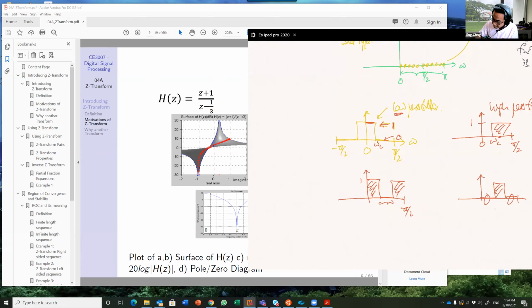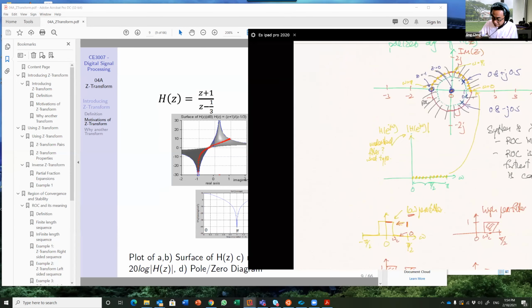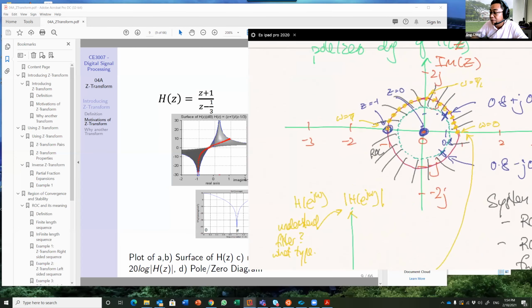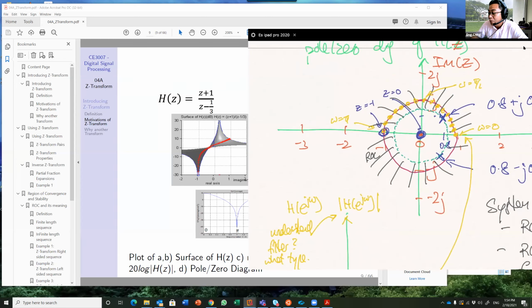So this is a band pass. This is a band stop. So the question is, only by inspecting this figure, can we determine what type of filter it is? Now, you have to study the math, but the interpretation is actually very clear.